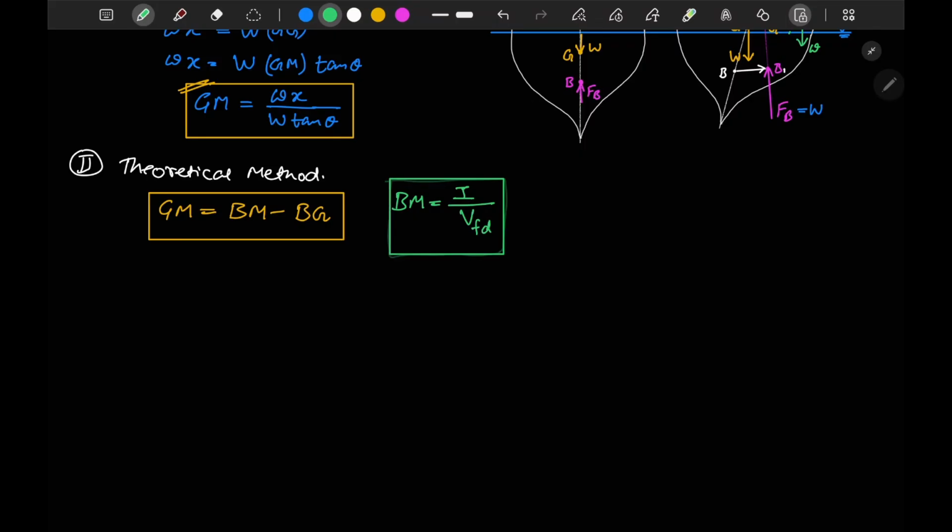This I here is the least moment of inertia of the surface formed at the free surface. So we will observe the shape of the surface formed at the free surface, and for that we will calculate the least moment of inertia. It is also called your waterline area.